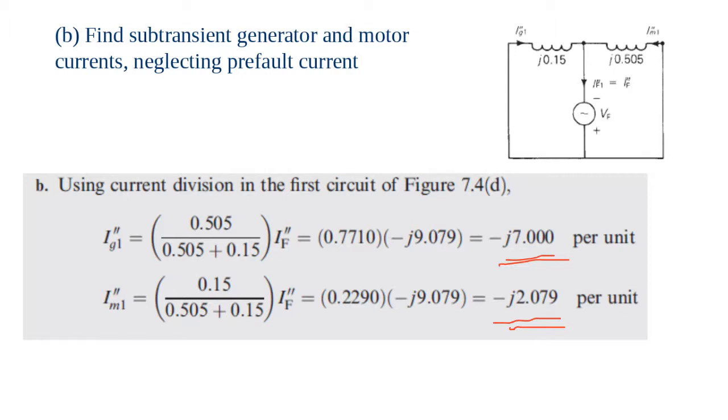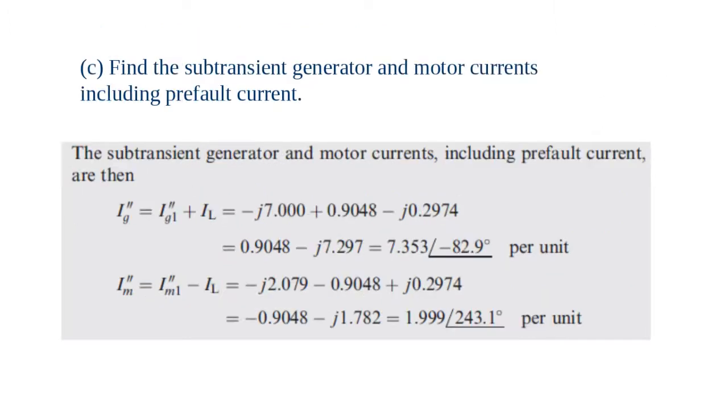Now we want to include the pre-fault current, not neglect it. The pre-fault current was calculated before, as we know, 0.9048, and the magnitude is 0.9524.